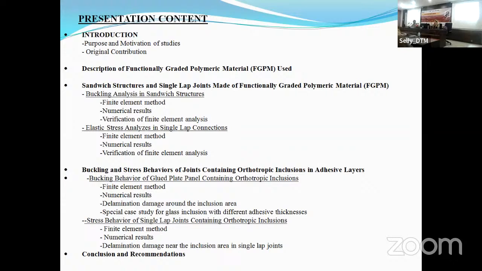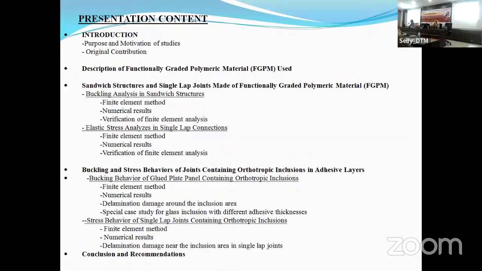It is a beam, and we use beam theory, Timoshenko and Bernoulli beam theory. The other is a plate, where we use shear deformation plate theory. We also theoretically use sandwich structure.